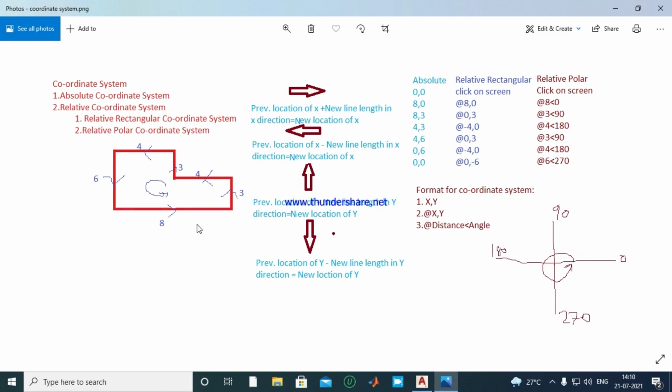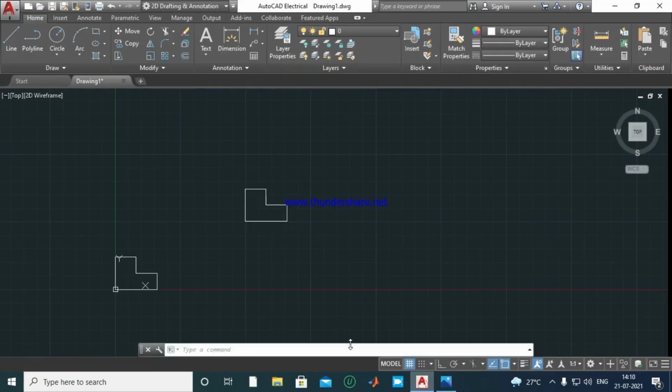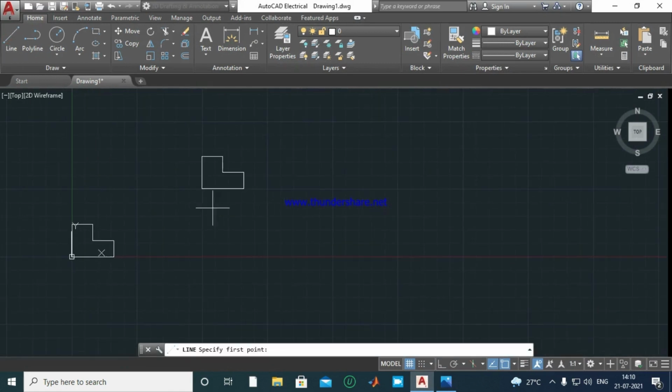Okay, @ sign will come, that means for every next point the previous point will be considered as origin. So every time whatever length we are giving, that will be the new length only.